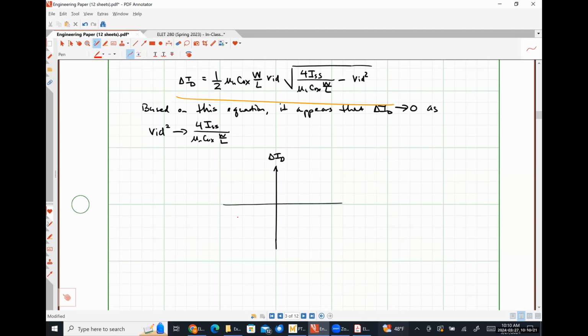And I'm going to try to make this as symmetrical as possible. So bear with me. Actually, that's too far already. Something like that. As a function of V_ID.